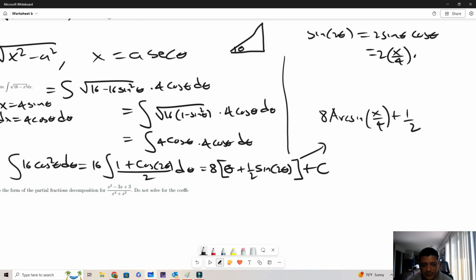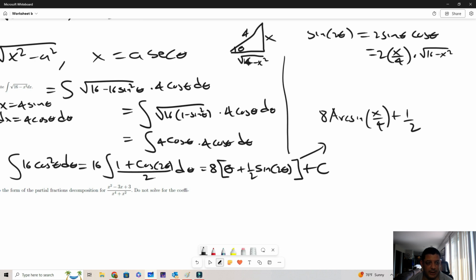So if theta is this angle, and sine of theta is opposite over hypotenuse, the hypotenuse is 4 and the opposite is x. And so the adjacent, of course, is going to end up being the square root of 16 minus x squared, by the Pythagorean theorem.